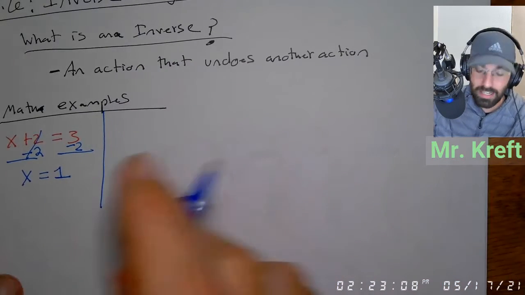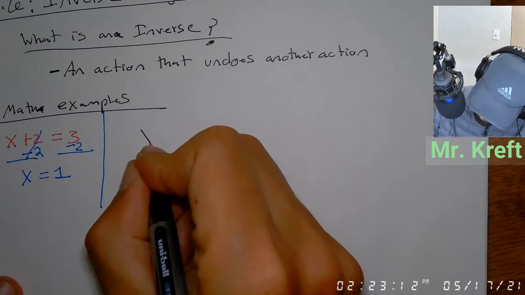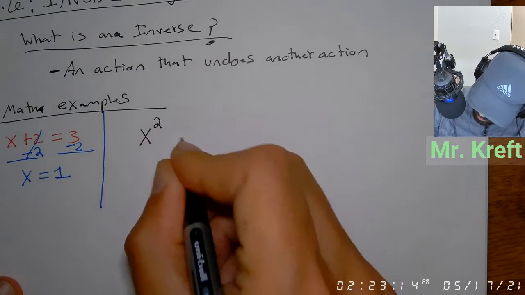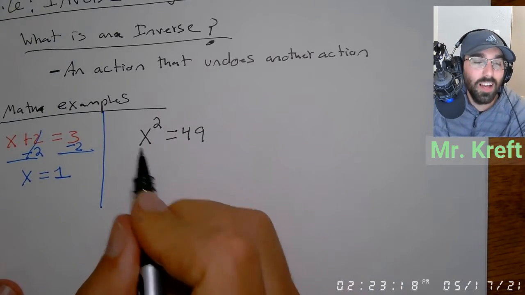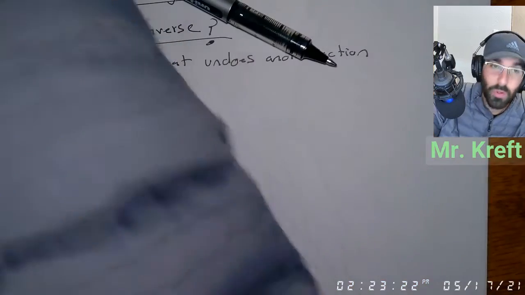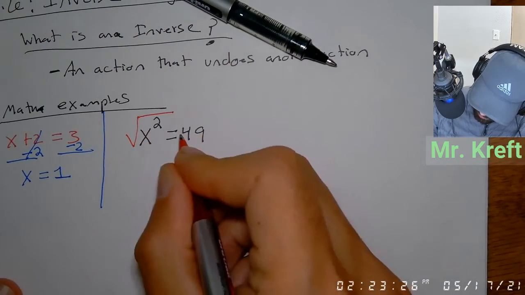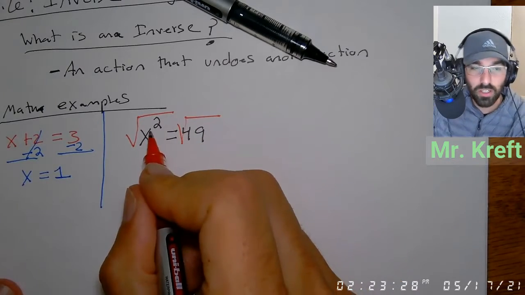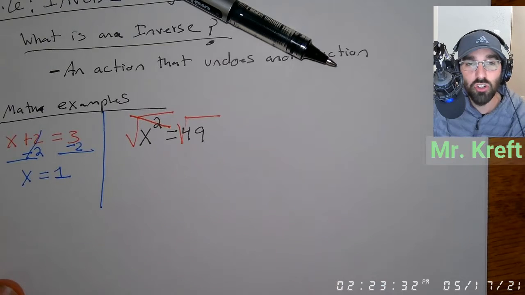Okay, so now let's take a look at an actual math function that is an inverse. x squared equals 49. That is some number times itself equals 49. Well, the inverse function of squared is a square root, because a square root and a square cancel out.